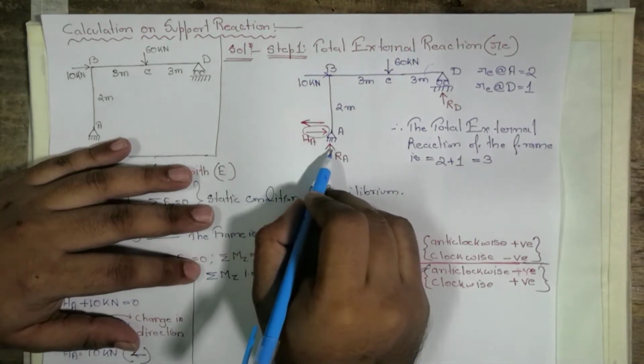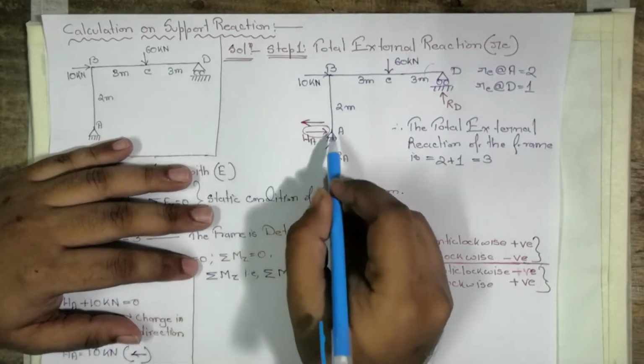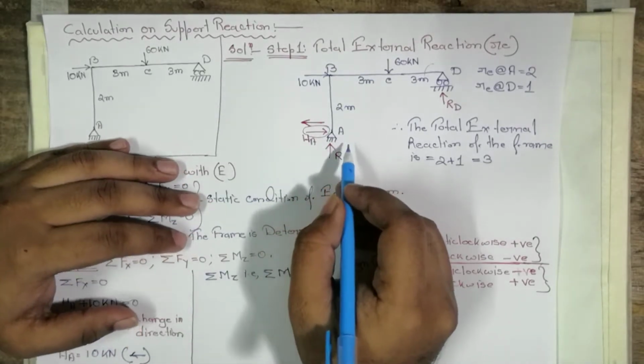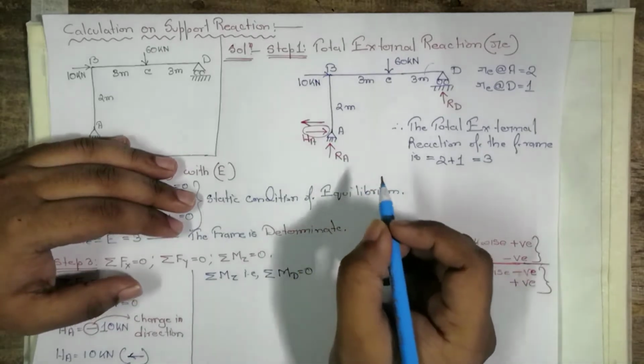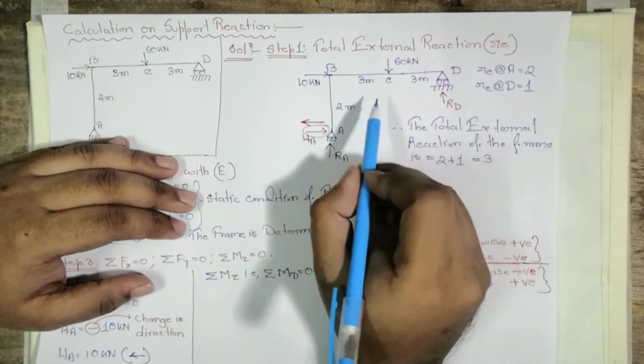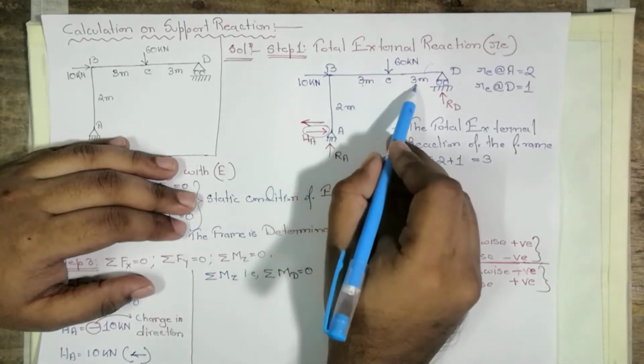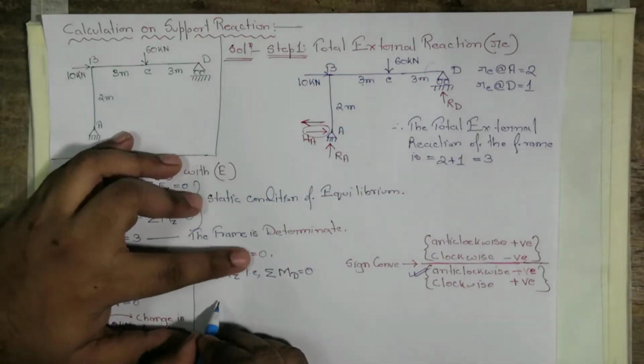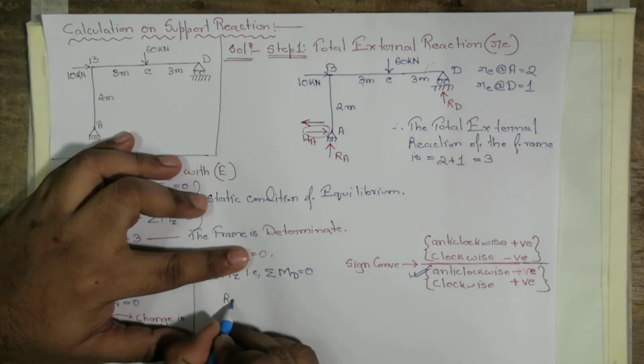We can see that RA is acting along the vertical y-axis and it is 6 meter away from point D. 3 plus 3, 6. So we are going to write RA into 6.